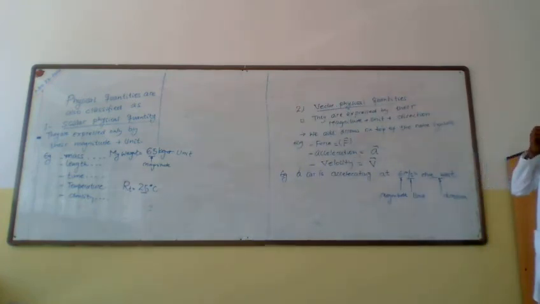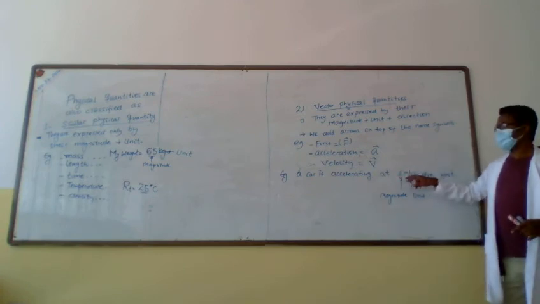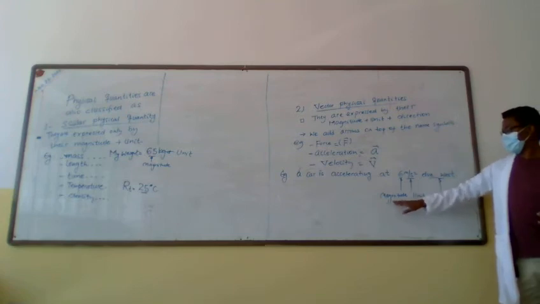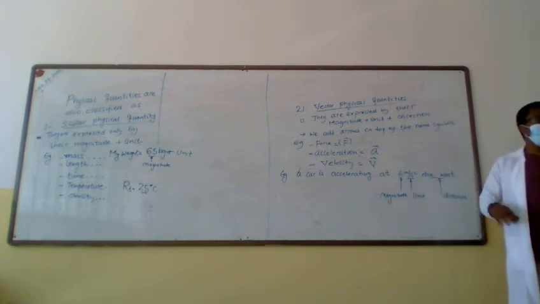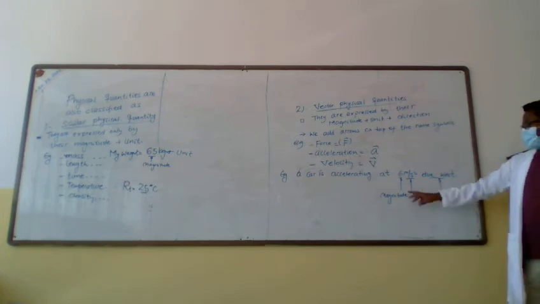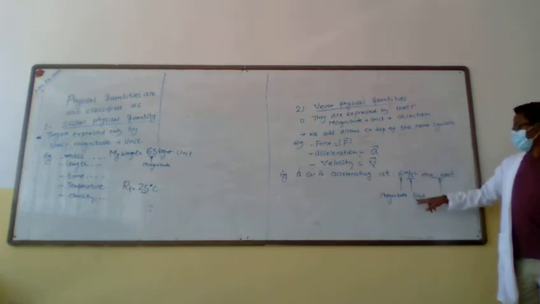Okay, so if a car is accelerating at 6 meters per second squared due west, what is 6? 6 is the magnitude. It tells us how much, the amount, which is 6. Meter per second squared is the unit. What kind of unit is that?